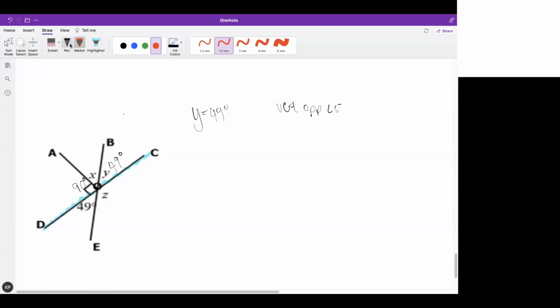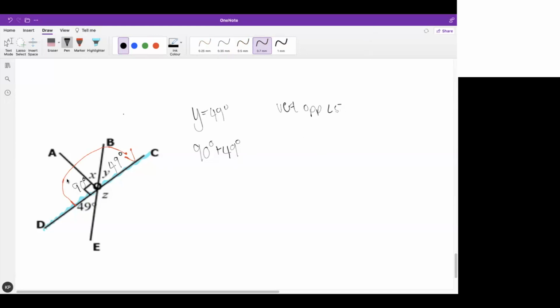We can say 90 plus 49 equals 139. And then what happens if you add those two to X? What angle do they make, these three? They make a straight line, which is how much? 180.